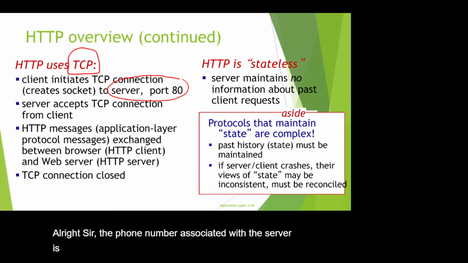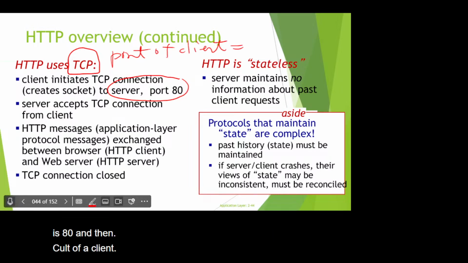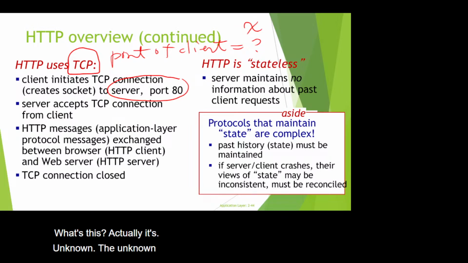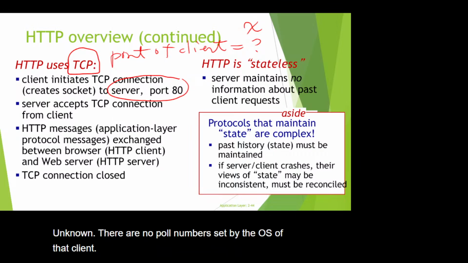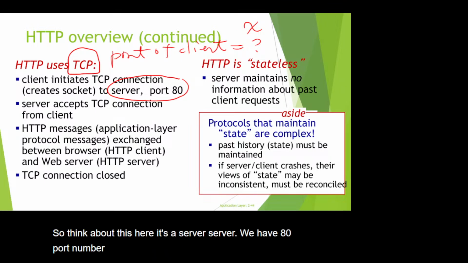And then the port of a client. What's this? Actually, it's unknown. The unknown port number is set by the OS of that client. So think about this. Here, it's the server. The server has port number 80, but I'm the client.